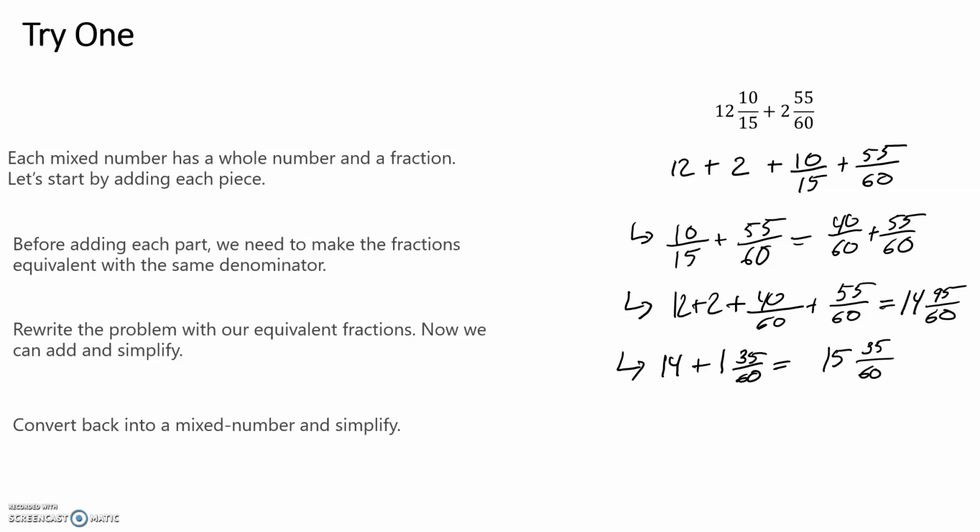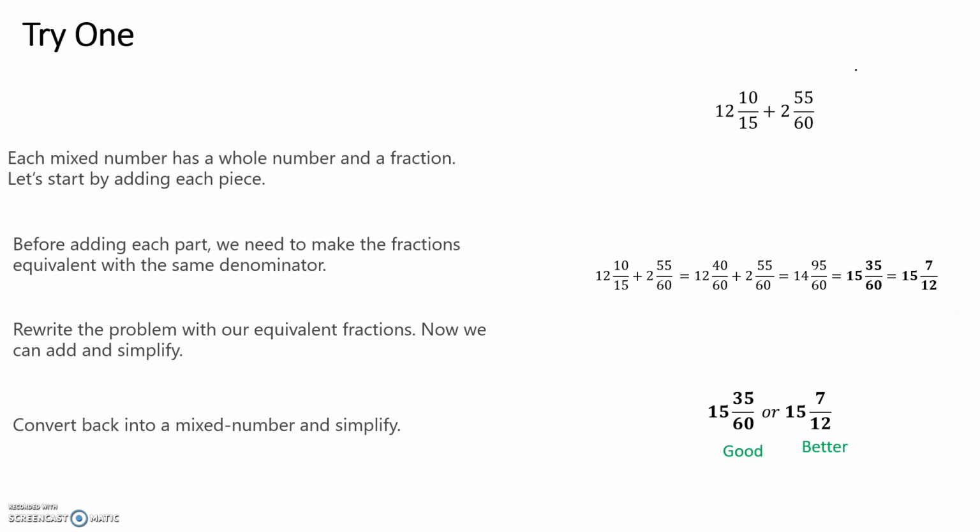That's okay for an answer, but I'm going to make it better because I can simplify 35/60 even further. 5 is a common factor, so that's 7/12, and so 35/60 equals 15 and 7/12. So this answer is good, but that answer is better.